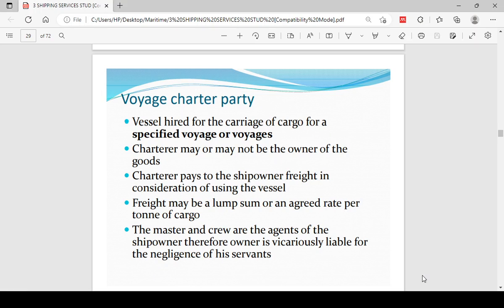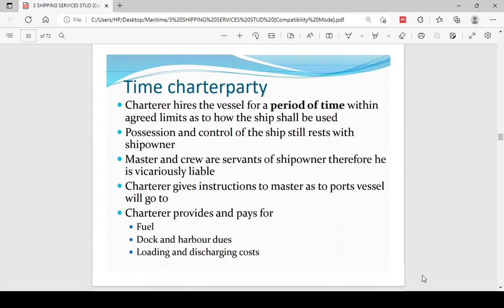Time charter, on the other hand, is for a period of time, usually 6 months and upwards. Then the ship owner would agree to let out his vessel to that person for use. In voyage charter, usually it depends; sometimes you have to pay upfront before he gives you the vessel.